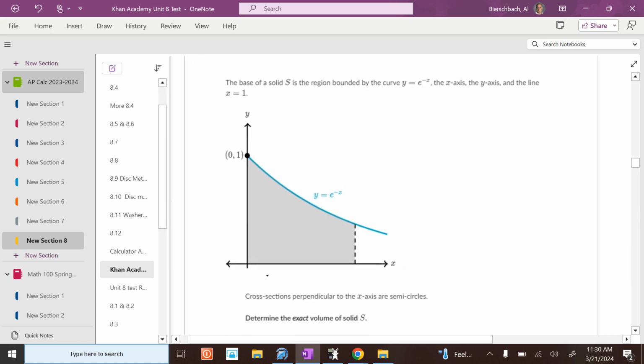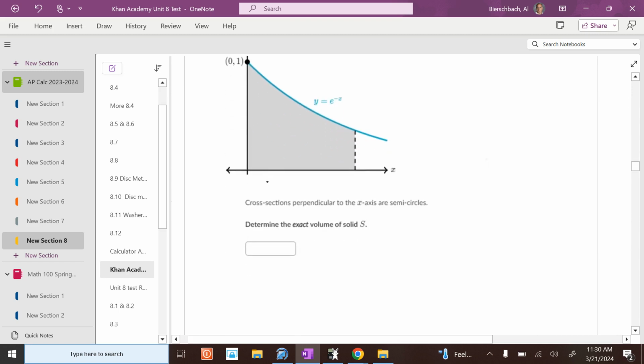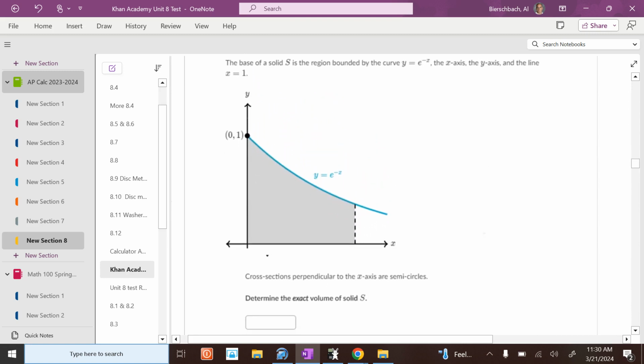The base of the solid is this, and it's semicircles. Oh, joy. 1/8 pi r squared is the total distance across. So it's the integral from, and then we're going perpendicular to the x-axis.